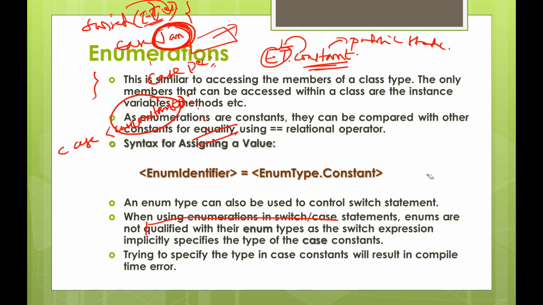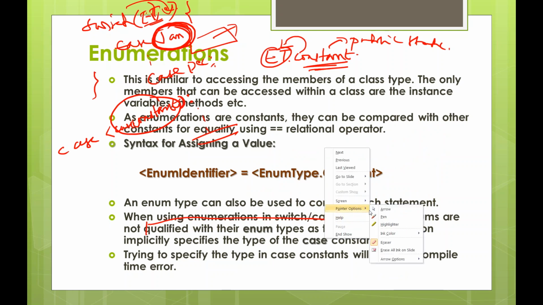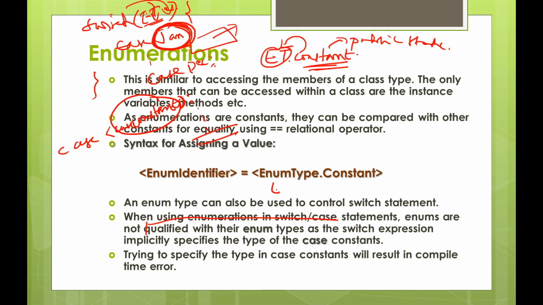There we accessed it using enumeration type dot constant. But within the switch statement, for case constants, we will not access the values with this syntax. We just access the constant.